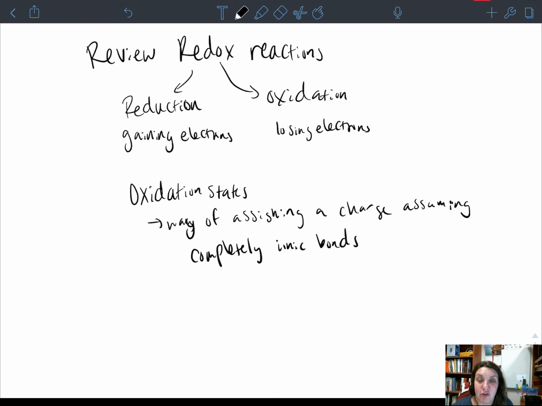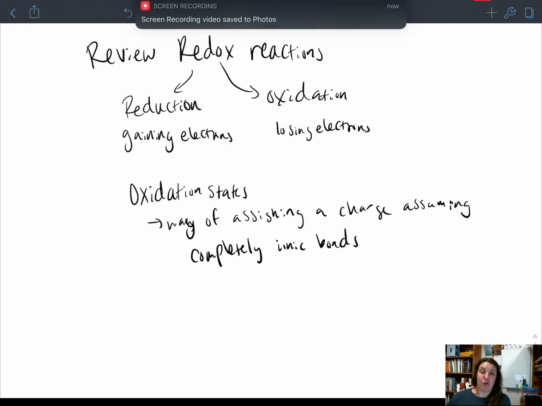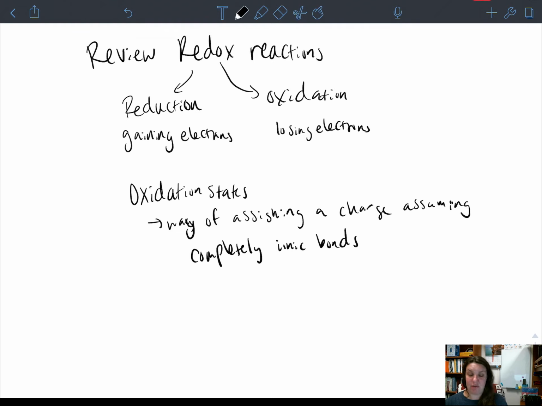So your electrons are going to transfer from the species that is less electronegative to the species that is more electronegative. So the oxidation states for an actual ionic compound will be their actual charges. But for a non-ionic compound, we're going to have to solve for oxidation states. And I'll go through how to solve oxidation states.